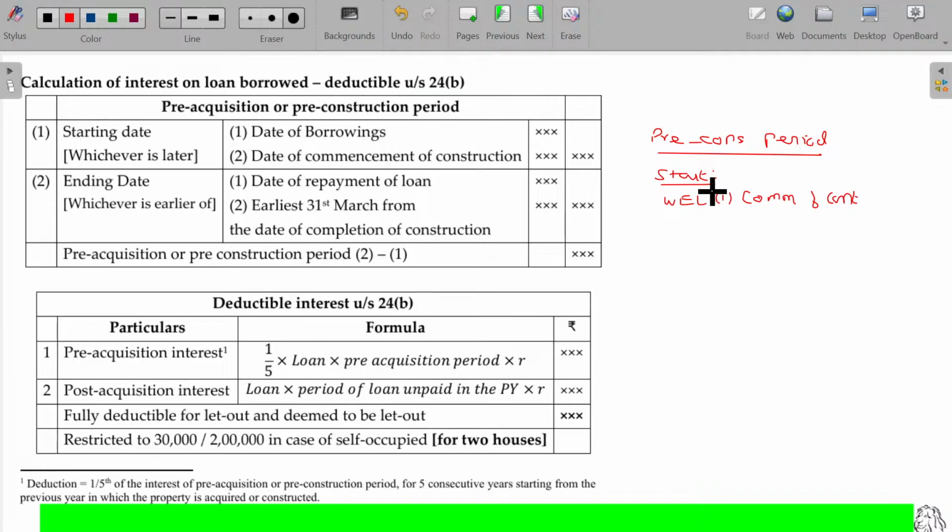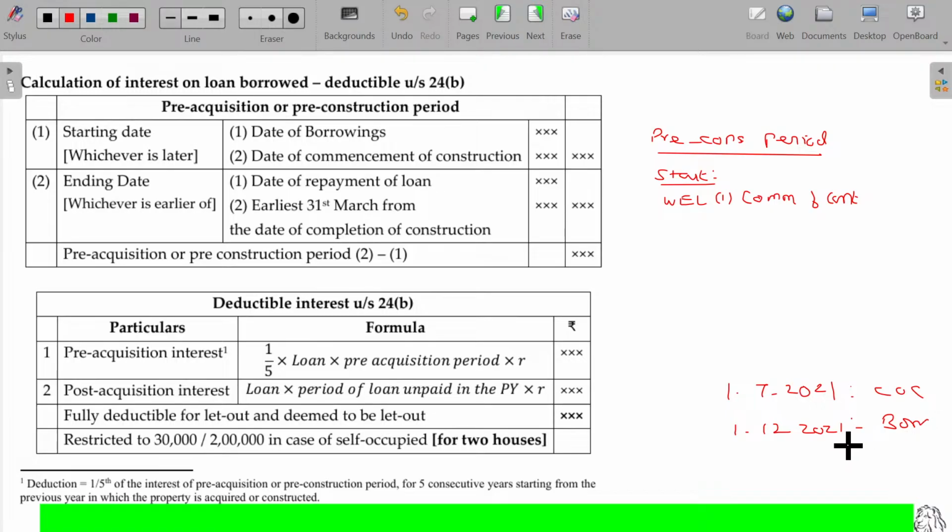Pre-construction means before completion of construction, but after starting, from the starting date to the ending date. Clear? Construction starting date to ending date. But construction started on 1st July 2021. This is the commencement of construction. But the actual borrowing being 1/12/2021.